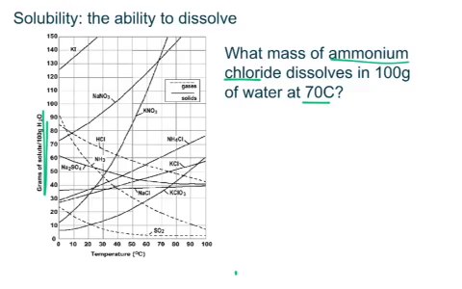The gram markings stand for how many grams of the substance can fit into that water at these temperatures. For answering this question, the ammonium chloride line is this one. 70 degrees is right here. So I'm going to say that roughly 60 grams of ammonium chloride can be dissolved in 100 grams of water at 70 degrees.